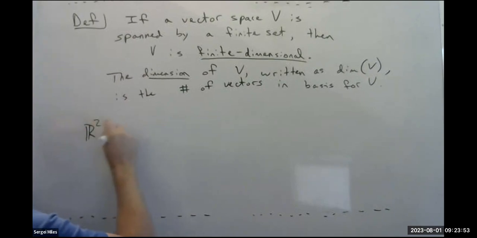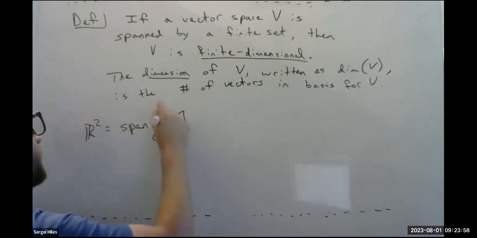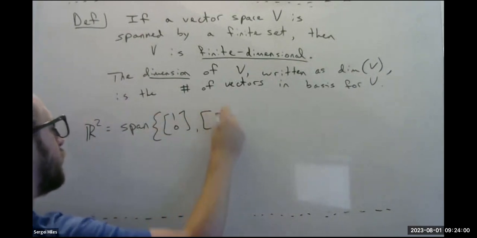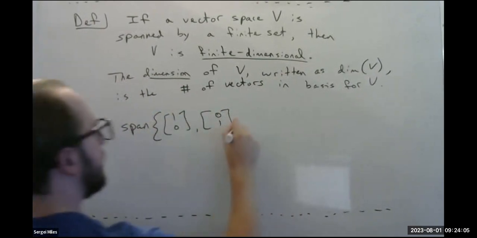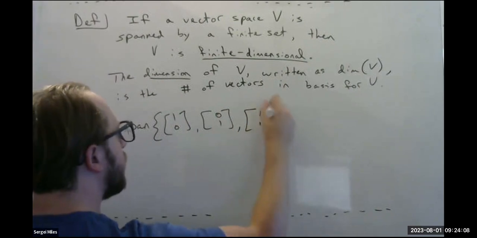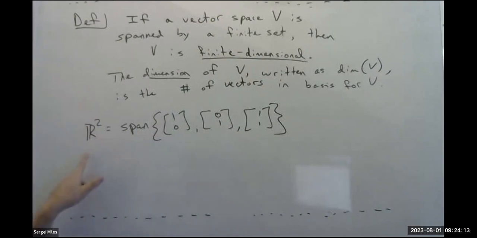We already know these two vectors are enough to go everywhere in R2. But if I add a third vector like (1, 1), well, this is still a true statement: R2 still equals this span. The difference now is that this set is no longer linearly independent. So this is finite dimensional because it's spanned by a finite number of vectors, but the dimension of R2 is not 3.